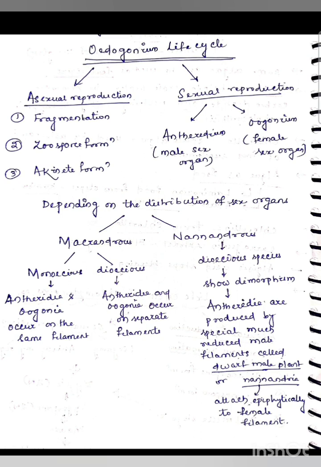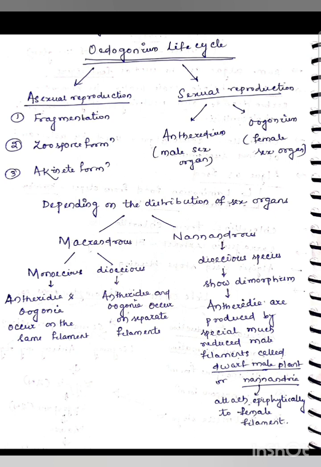The nannandrous species are generally dioecious. They show dimorphism. That means Antheridia are produced by a special much reduced dwarf male plant, or nannandria, attached epiphytically to the female filament. So it is basically the life cycle of your Oedogonium.